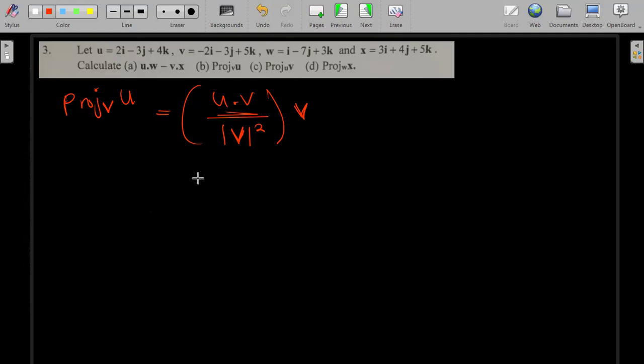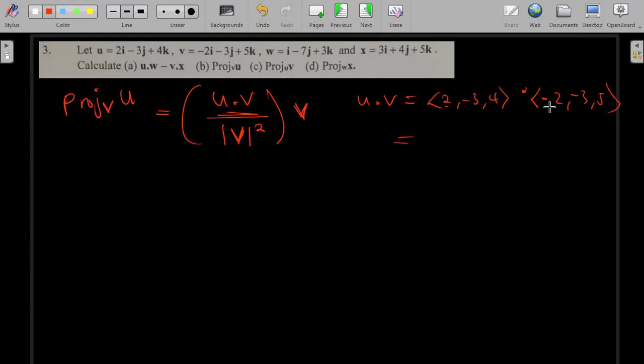So now what do I get from here? Let's find the dot product of U and V first. U is (2, -3, 4) and V is (-2, -3, 5).